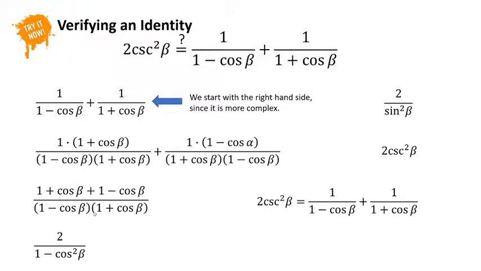That gives us two fractions with the same denominator, and as we add those together, those cosine betas are going to cancel out to just become a 2 on top, and then 1 plus cosine beta and 1 minus cosine beta multiply out to give us 1 minus cosine squared beta, which from our Pythagorean identity becomes just sine squared beta in the denominator. This fraction has become significantly more simple. And then sine squared beta is just the reciprocal of cosecant squared beta, and so instead of dividing by sine squared, we're multiplying by cosecant squared, and the identity is proven.